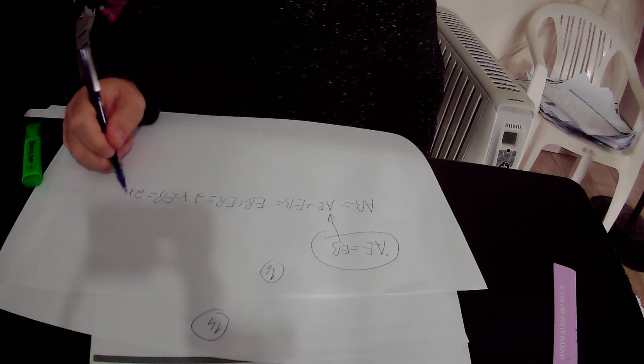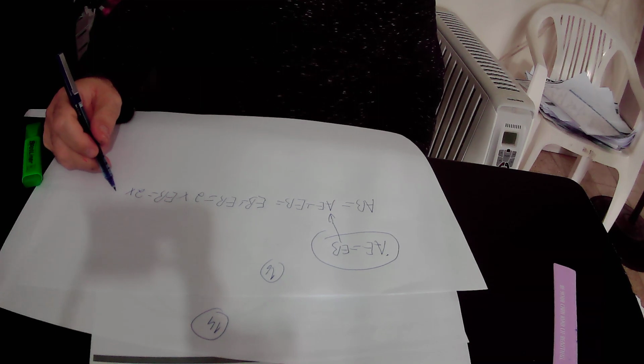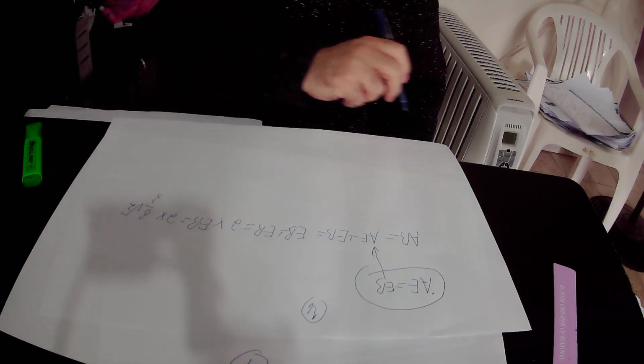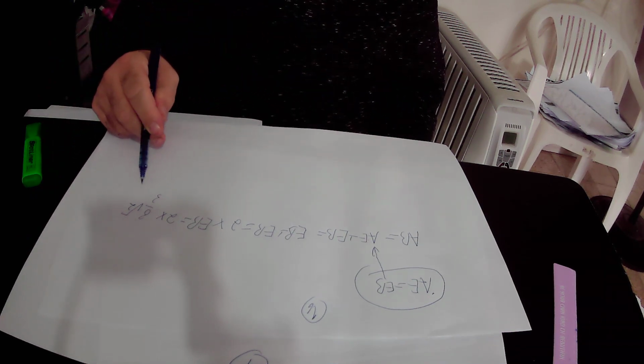And we have already found out that EB equals 8/3 times the square root of 2 units. So in total, we found that AB equals 2 times 8/3 times the square root of 2 units.